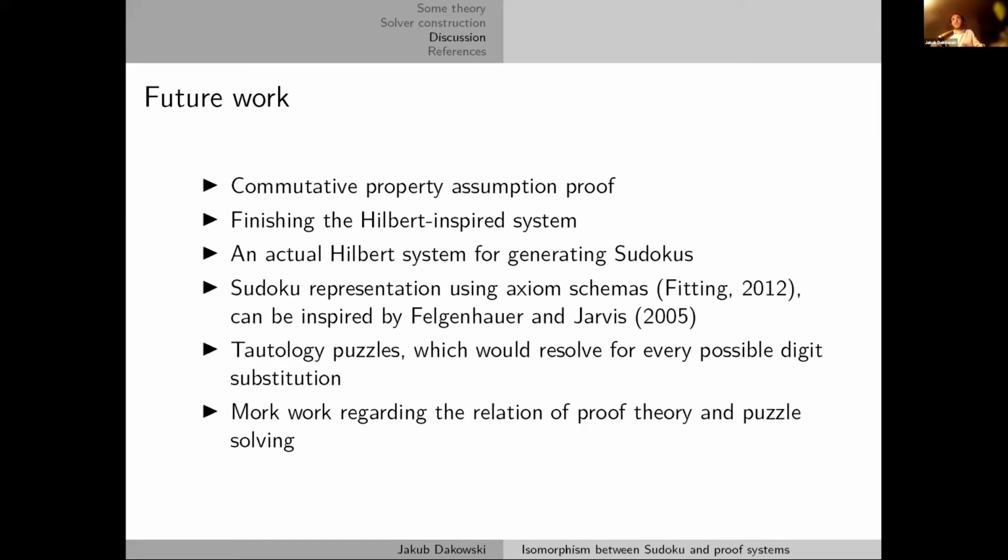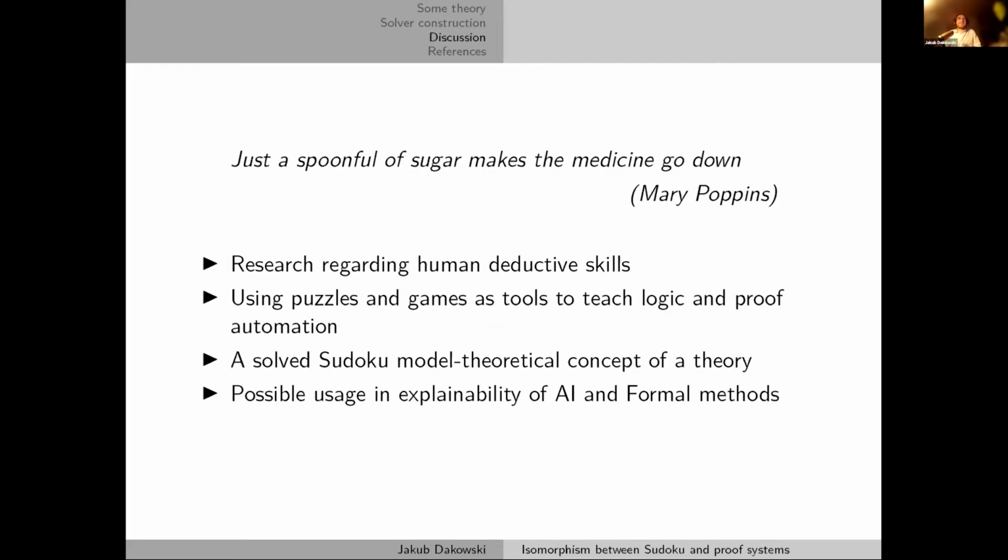Unfortunately, more work regarding the relation of proof theory and puzzle solving would also be beneficial, especially as Mary Poppins says, just a spoonful of sugar makes the medicine go down. Work in this field could really improve how we teach logic and formal sciences, because of an example I showed in the third point.